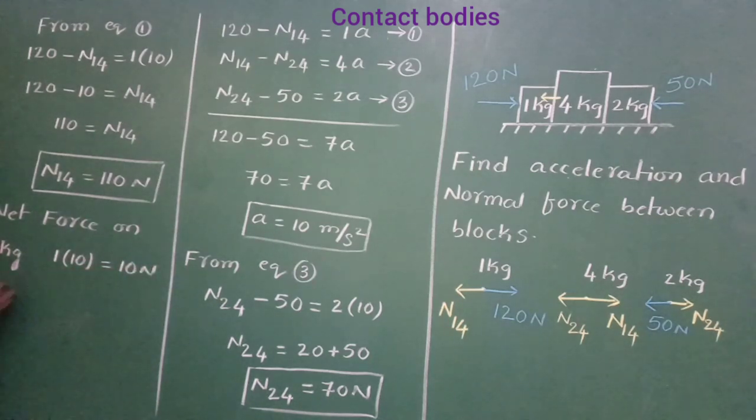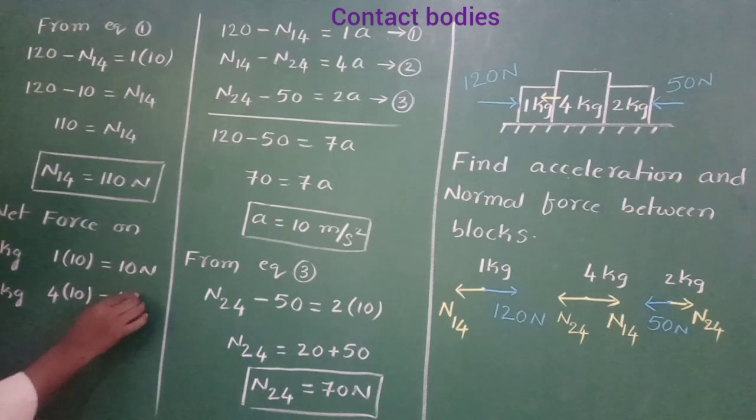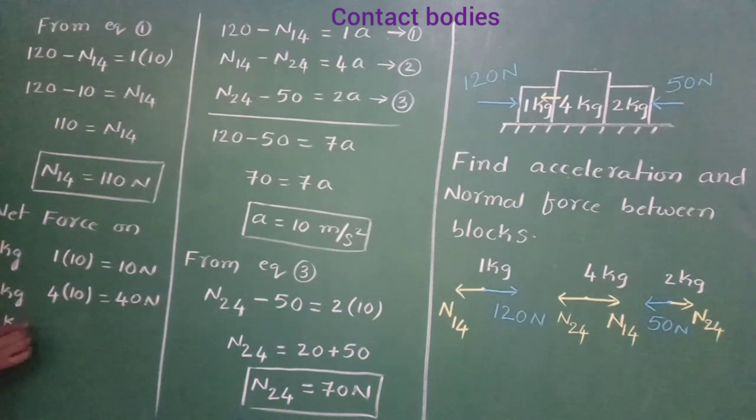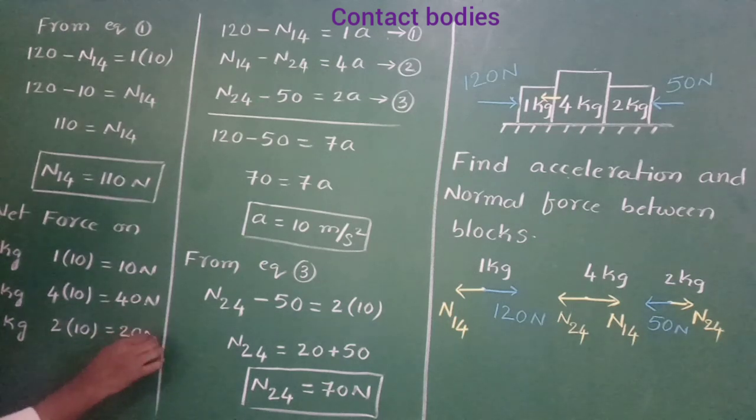On the 4 kg block, 4 into a, that is equal to 40 Newton. And net force on the 2 kg block, 2 into a, that is equal to 20 Newton. In this way, we can calculate net forces, acceleration and normal reaction between the blocks.